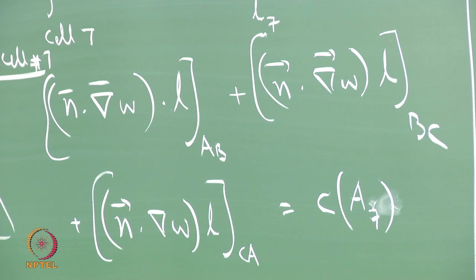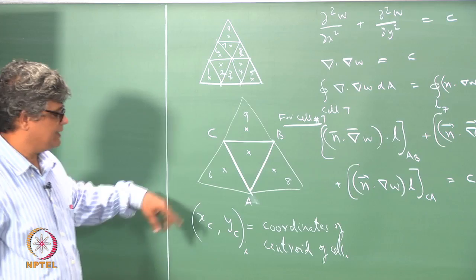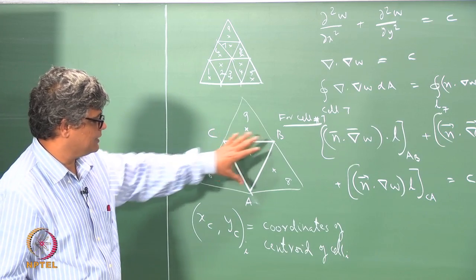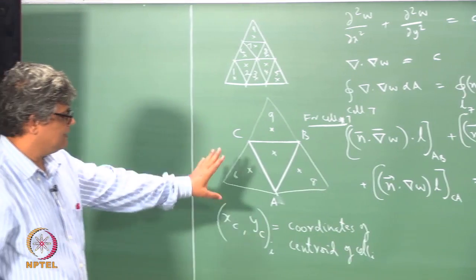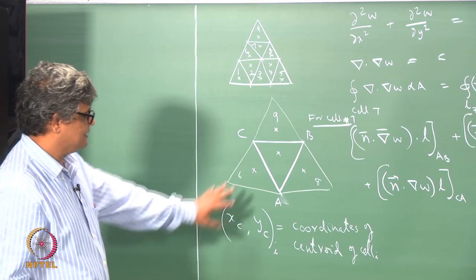From the known x, y coordinates of the 3 vertices, we can evaluate the area, so that is straightforward.